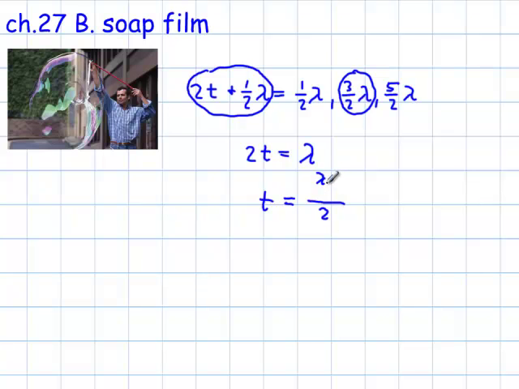Respectively, it's the vacuum wavelength divided by the index of refraction of the substance, because this one is actually the film, the wavelength which is within the thin film.